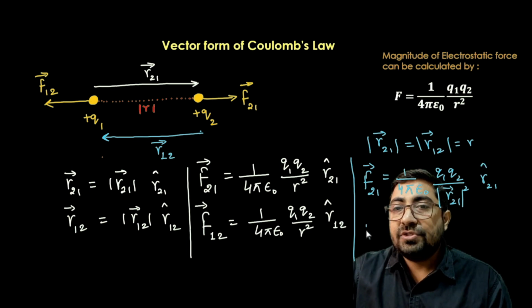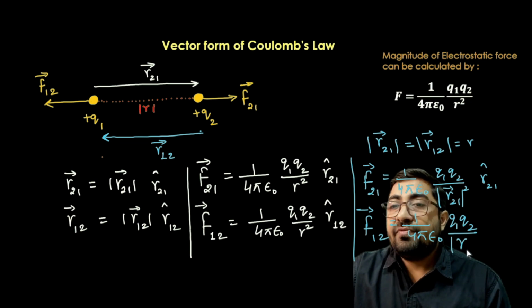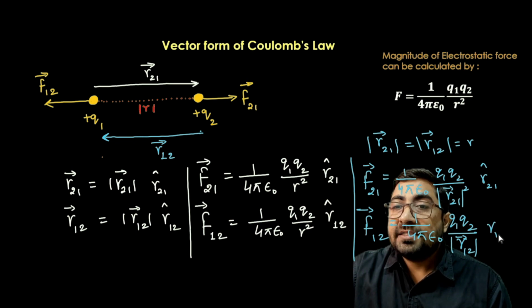And the second force, F12, can be written as 1 upon 4 pi epsilon naught q1 q2 upon the magnitude of vector r12 square, into the unit vector r12.